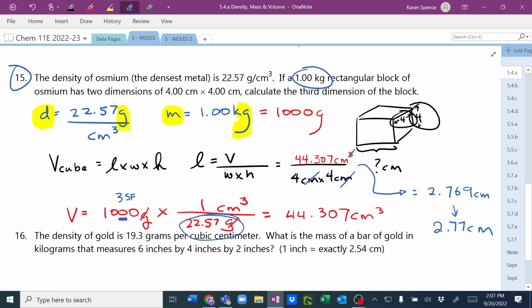Algo más, anything else? Okie dokie, are we ready to learn about molar volume?